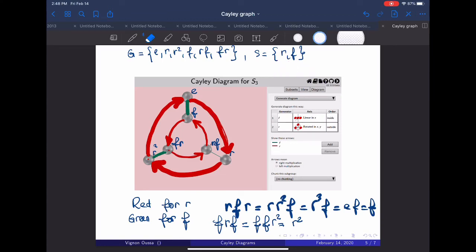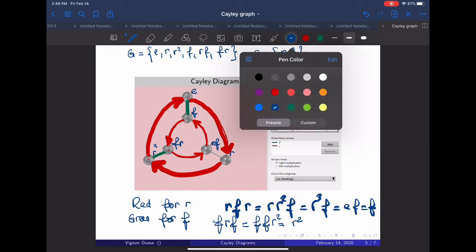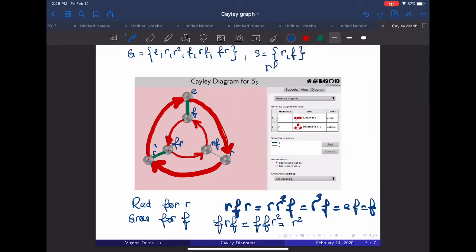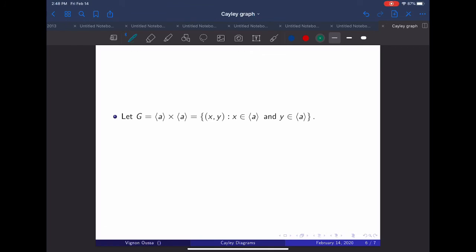So if we have RF times F, that'll be RF square, which is RE, which is just R. So we get this. So this is the Cayley diagram for S3.